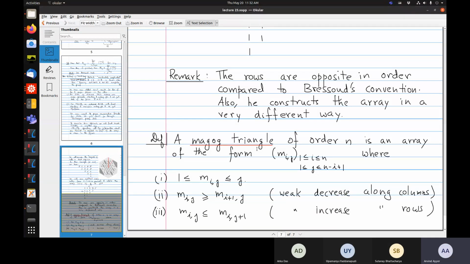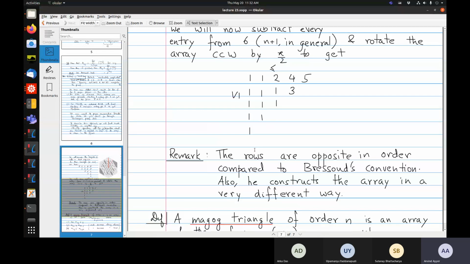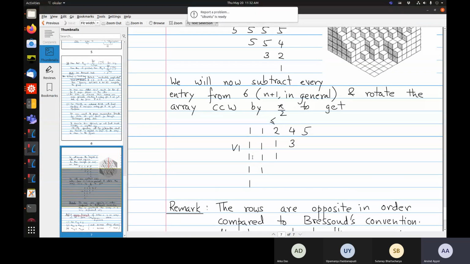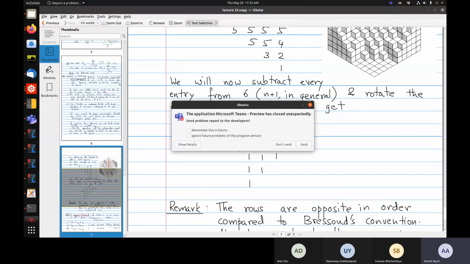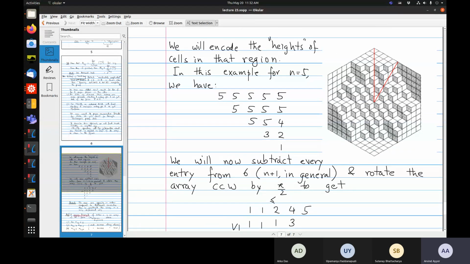So remember, let me recall what we were doing last time. We gave another representation of TSSCPPs, this time as triangular arrays.